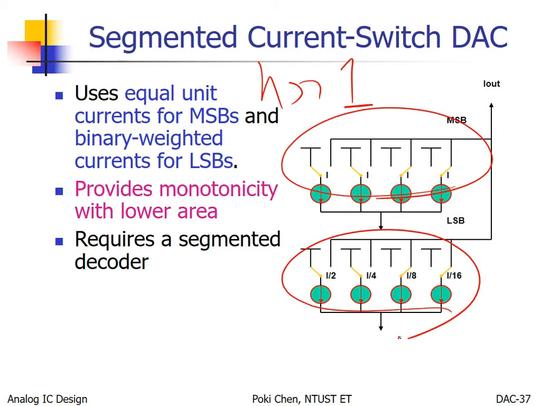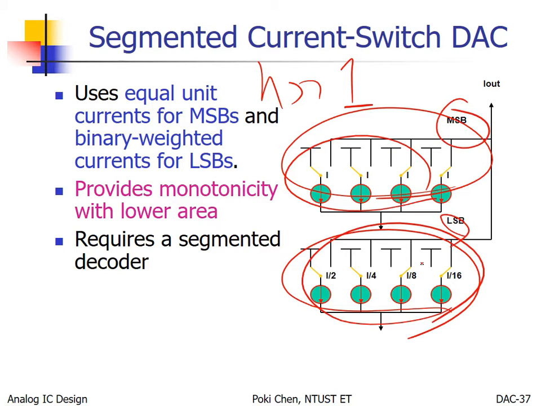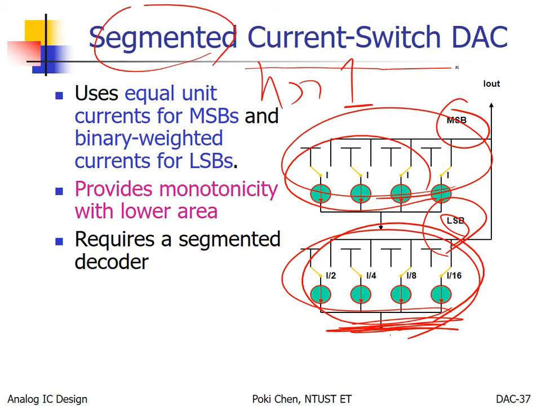And again, keep this in mind, which provides you the best performance? Unit current sources. So that is for MSB. And for the rest, LSB gets much less importance, so it can apply such a binary weighted structure. So we call it hybrid or segmented current steering DAC.